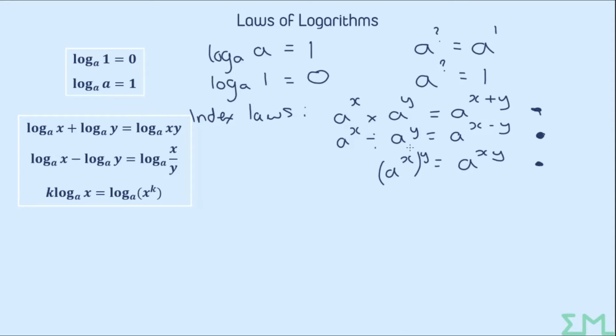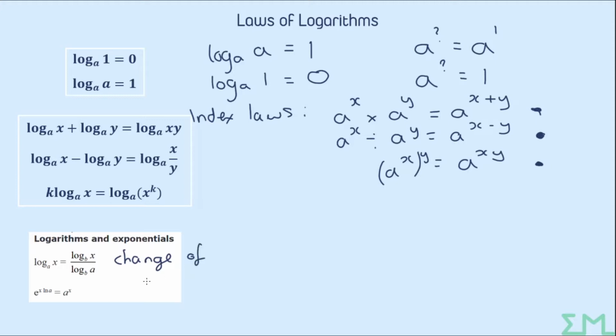So if you know your indices laws well, which you should from GCSE, then it shouldn't take too much to translate those over into the logs. Okay, and just a quick mention, because it's in the specification, there is this change of base formula here. This bit down here I have grabbed straight from the Edexcel formula sheet, so you do not need to remember this law.